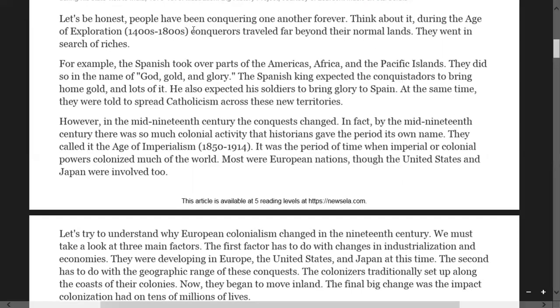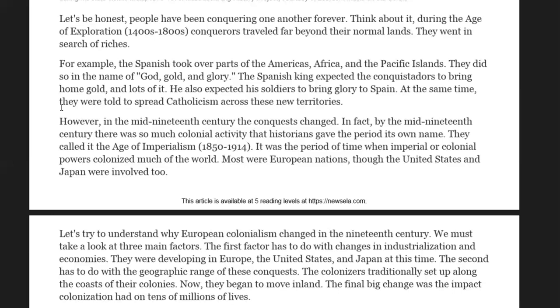Looking at this, at the beginning, the authors refer to some earlier examples of colonization. Specifically in this second paragraph, they talk about how the Spanish conquered a number of parts of the world for God, gold, and glory. And we spent a lot of time talking about this, specifically with the Aztecs, and those three G's that the Spanish were going after.